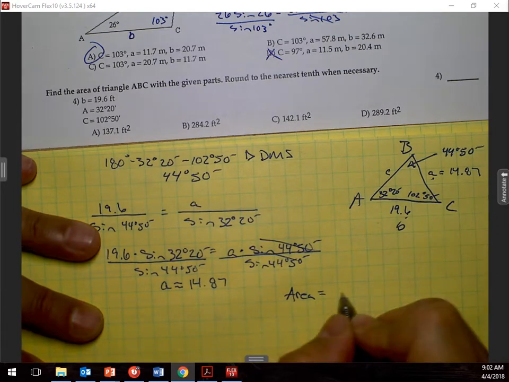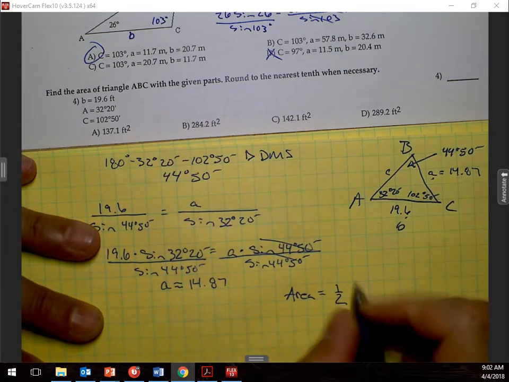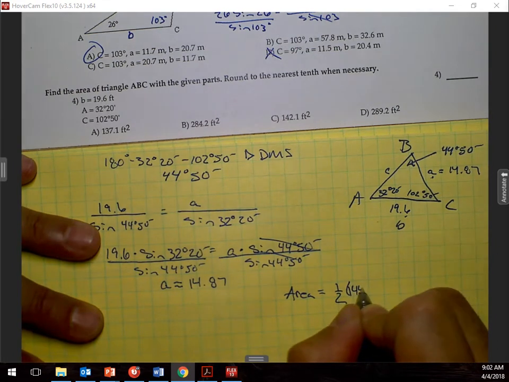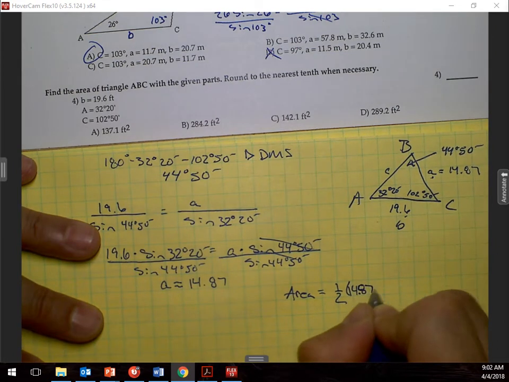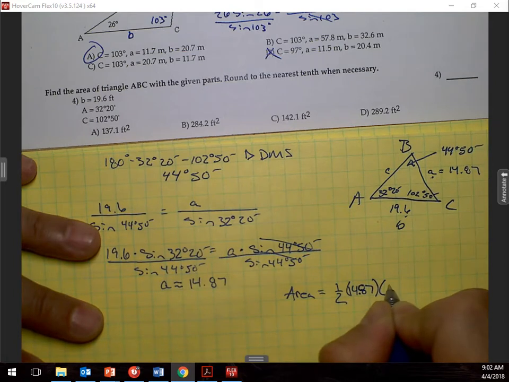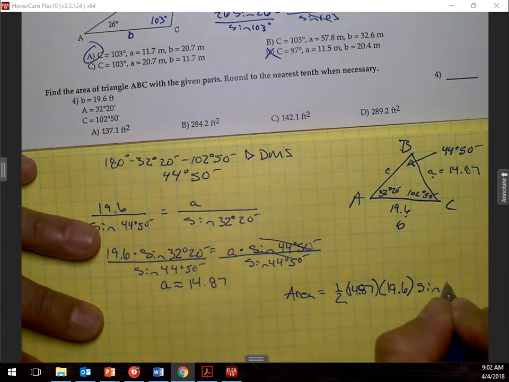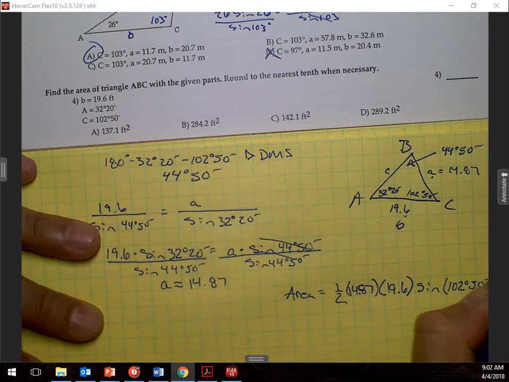So my area is going to be 1/2 times 14.87 times 19.6, and then the sine of C, which was 102 degrees 50 minutes.